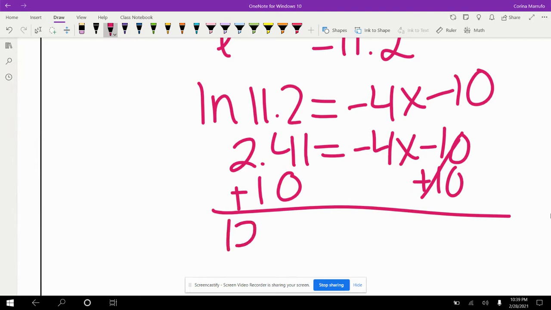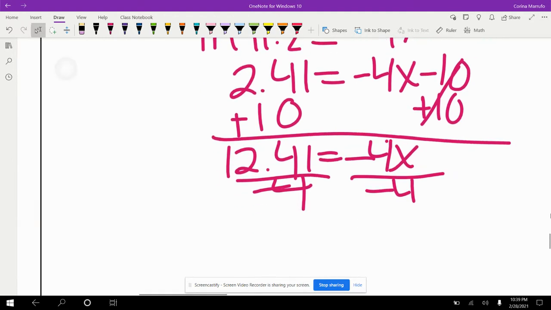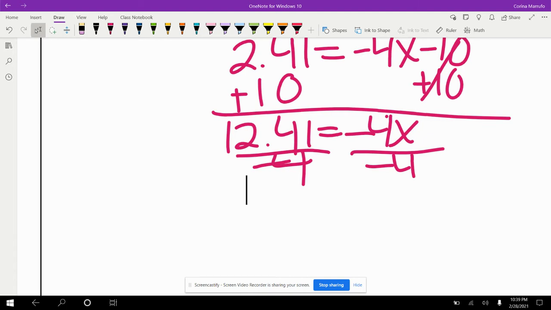This cancels, and I get 12.41 equals negative 4x. Then we divide both sides by negative 4, and that gives me negative 3.1.